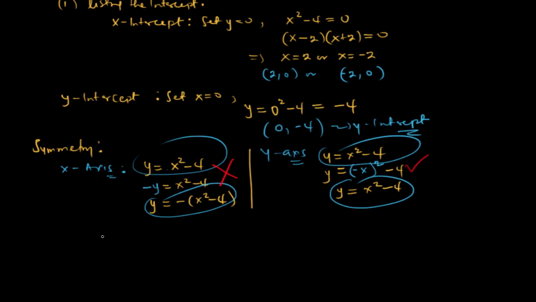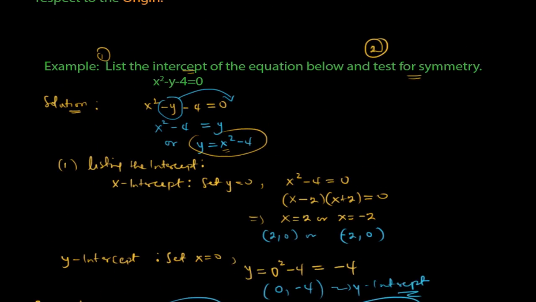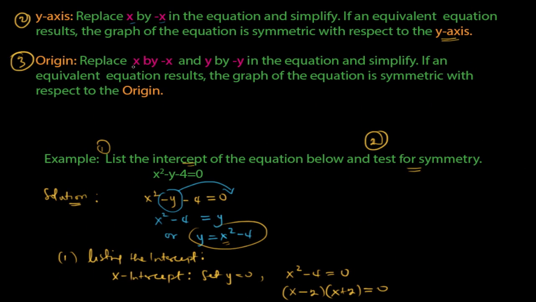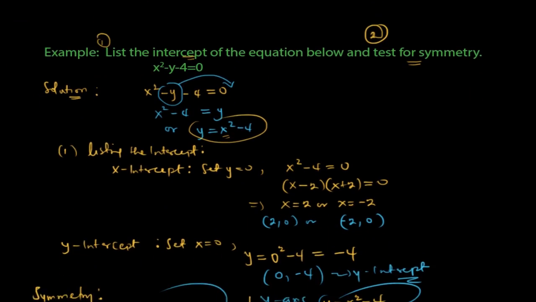And then lastly, to check if the equation is symmetric with respect to the origin. To check for symmetry with respect to the origin, what we do is we replace x and y by their negations and then see if it is the same thing as the original equation.